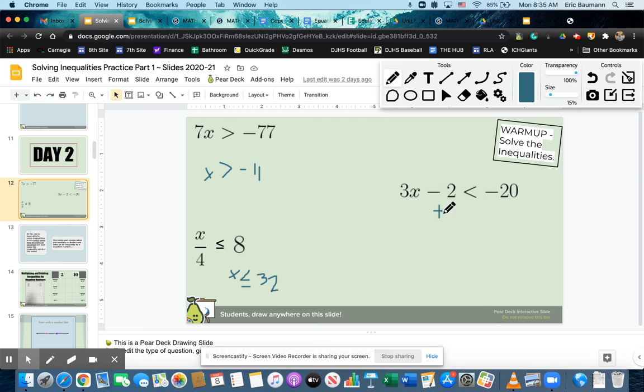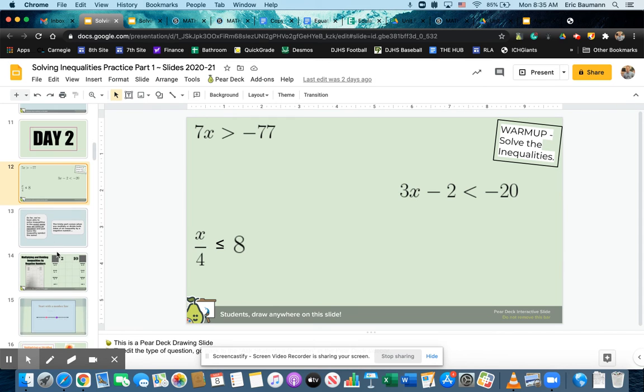We're gonna add 2 on both sides. We have 3x is less than negative 18. Divide by 3 on both sides. x is less than negative 6.